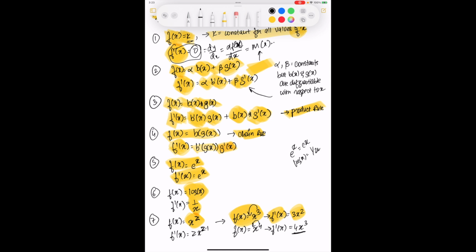Given x raised to z, the derivative is z x raised to z minus 1. So if we understand this, and then we understand the product rule, the chain rule, the addition rule, and that the derivative of a constant is equal to 0, that's all that we need to understand to do this differentiation for the equations that we'll get in a typical introductory microeconomics class. Yeah, thanks.